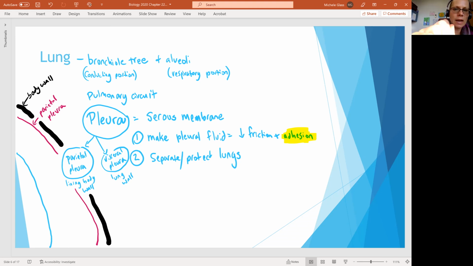And then I have that inner line, which I did with blue, and I'm going to label that my visceral pleura. And then inside that, I'm going to take my highlighter and I'm just going to shade inside that line. And I'm going to label that as like my lung.